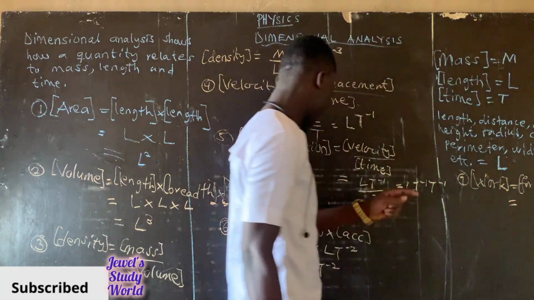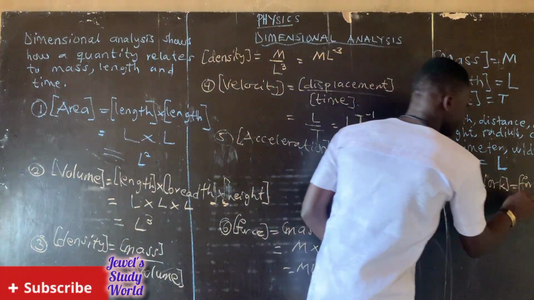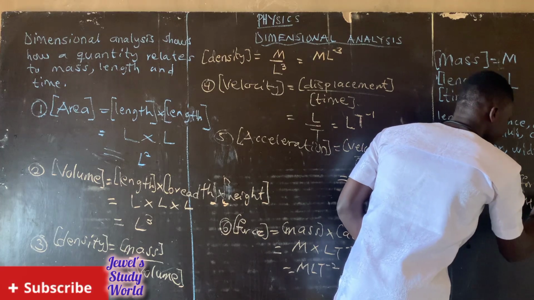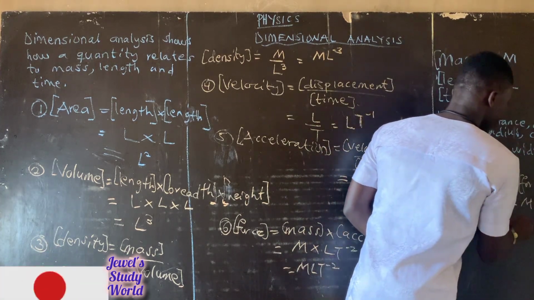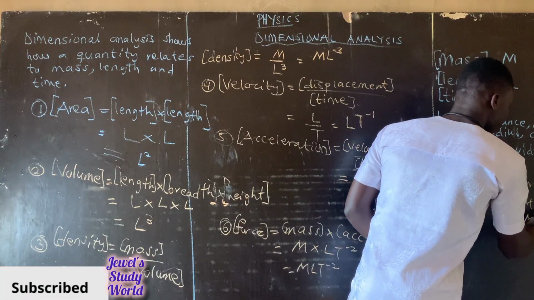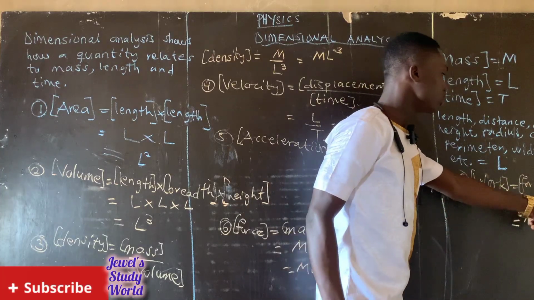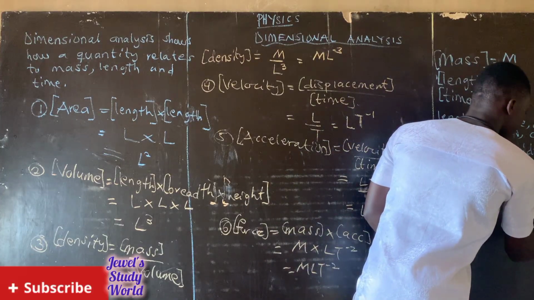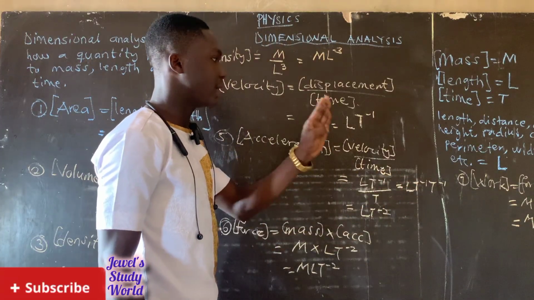And what is the dimension of force? MLT negative 2, times the dimension of distance, which is L. So it gives me M, then L times L giving me L squared, then T negative 2. So ML^2 T negative 2 is the dimension of work.